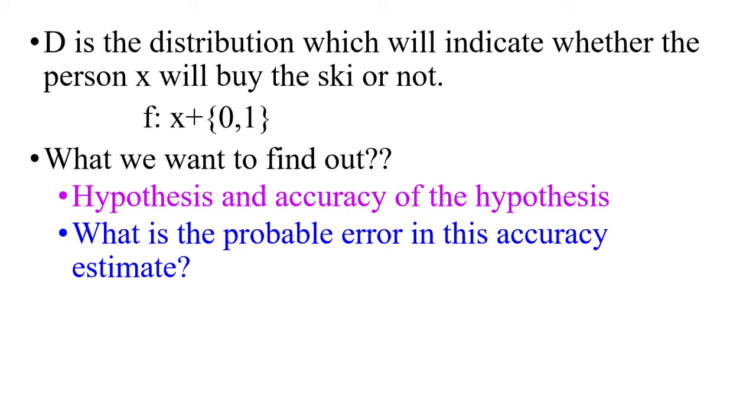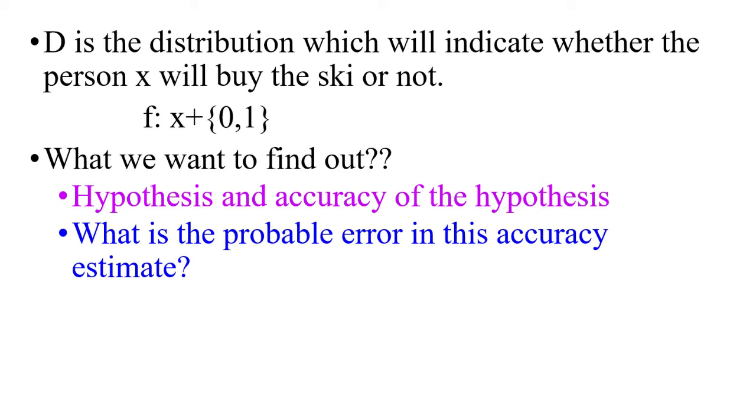So far, we have discussed the assumptions and settings in the model. Now, let us know what our main interest is, that is, what we want to find out. First one is to find out the hypothesis.